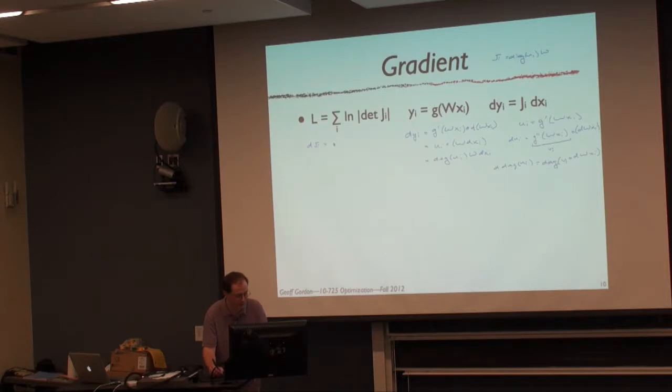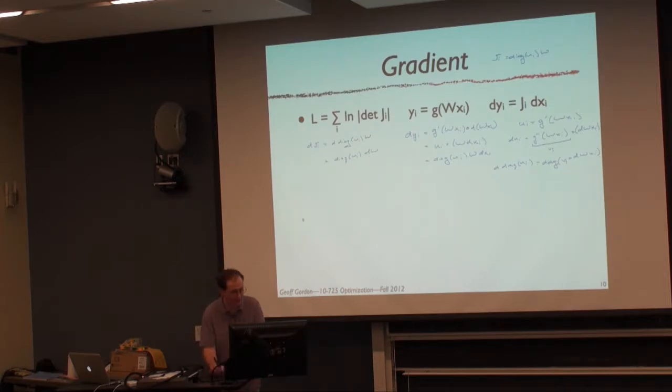So it'll be d of diag of u_i times W, that's the first part, plus diag of u_i dW.